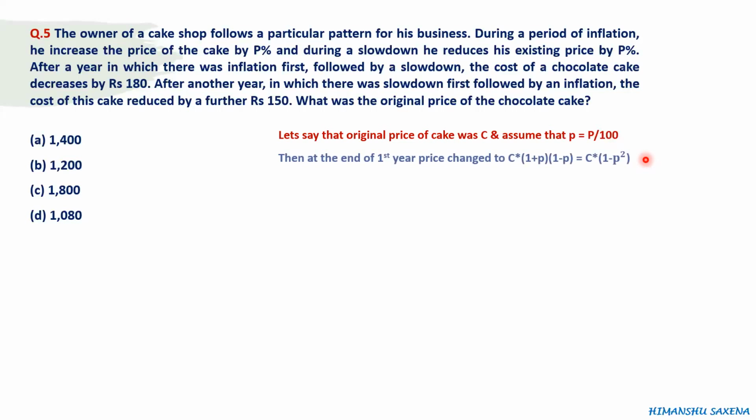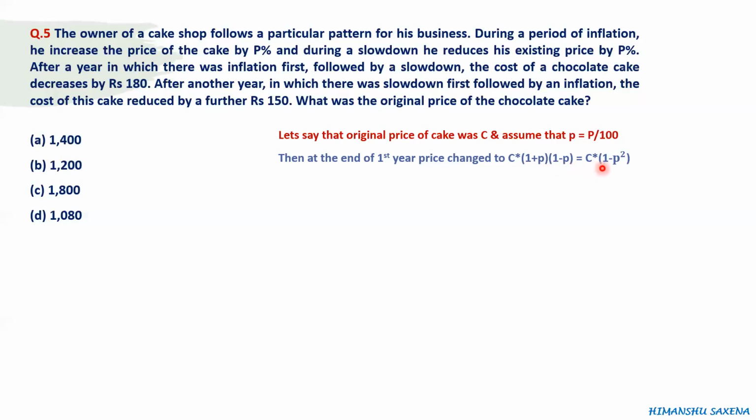Now at the end of the first year, the price changed how much? So this was the original price C. When inflation happened, his price went up to C into 1 plus p. And when slowdown happened, he reduces the price by p%, so you just multiply the increased price with 1 minus p.